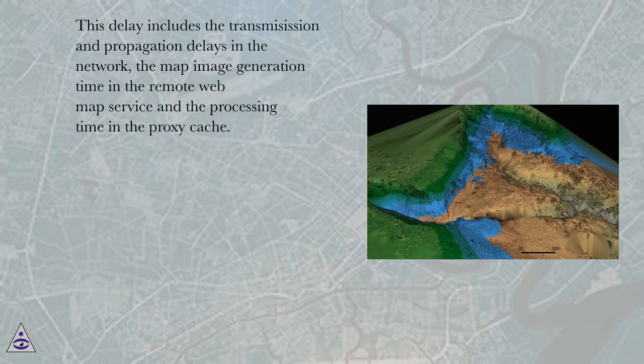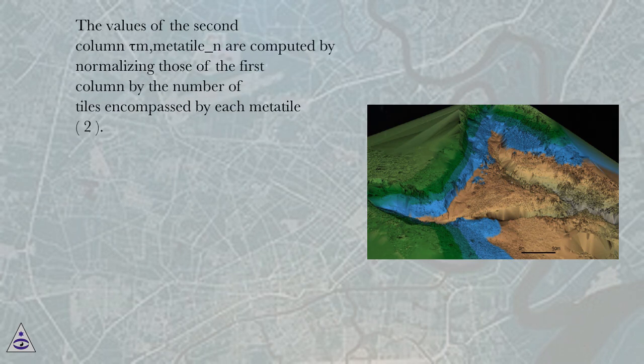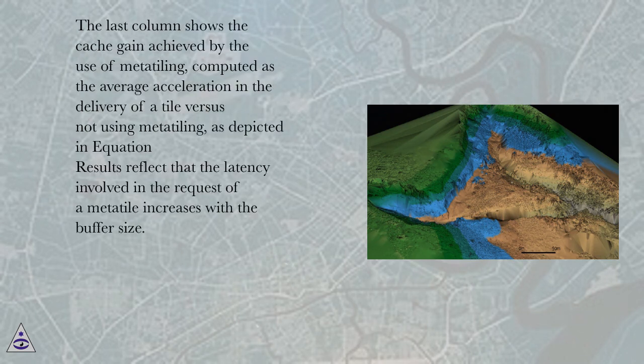This delay includes the transmission and propagation delays in the network, the map image generation time in the remote web map service, and the processing time in the proxy cache. The values of the second column are computed by normalizing those of the first column by the number of tiles encompassed by each metatile, n². The last column shows the cache gain achieved by the use of metatiling, computed as the average acceleration in the delivery of a tile versus not using metatiling, as depicted in the equation.